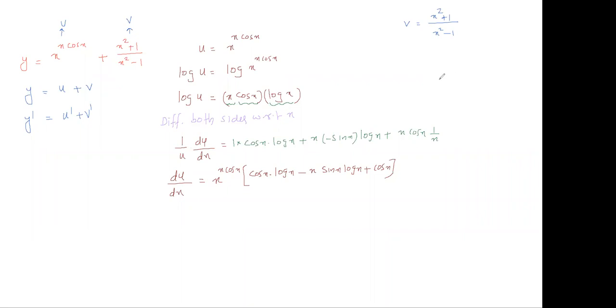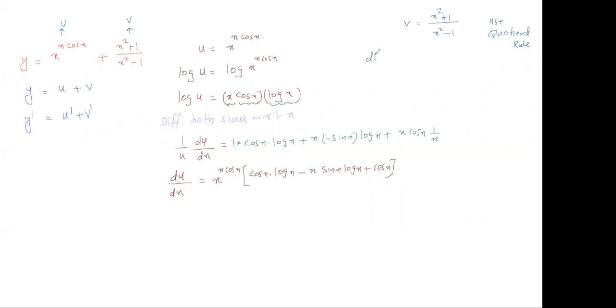So here actually there is no need to take logarithm on both sides. It is a quotient of two functions. Use quotient rule. You can use quotient rule. So do not use logarithmic differentiation everywhere like this. Here you have to use the quotient rule.